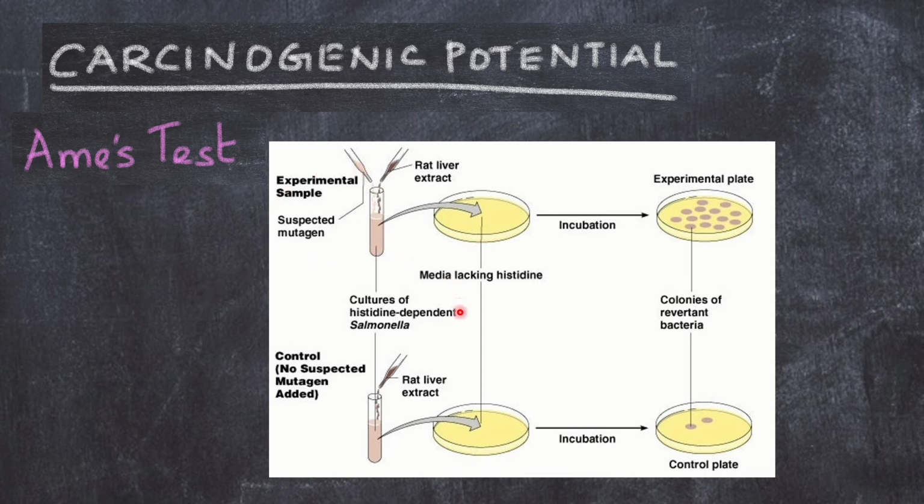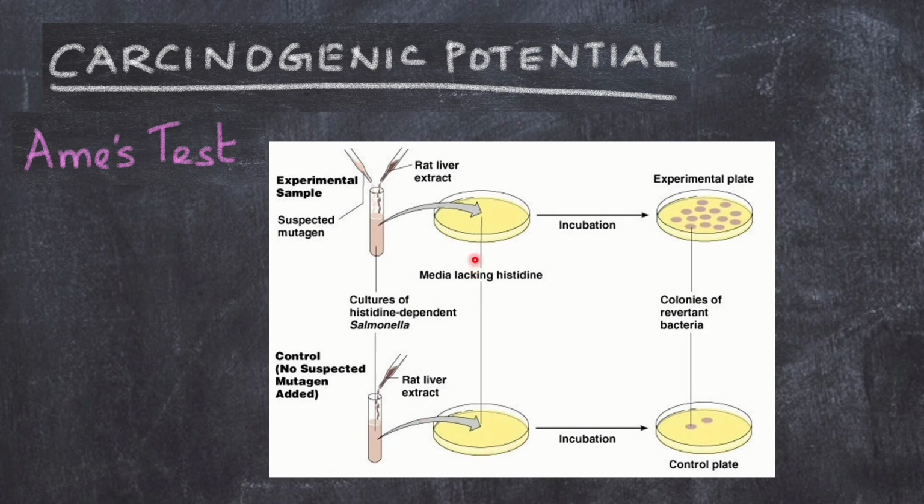A control material is taken where no mutagen is present, and the material with suspected mutation, or the experimental sample, is put in a rat liver extract, and then the culture of histidine dependent salmonella is taken and then put in a media lacking histidine.